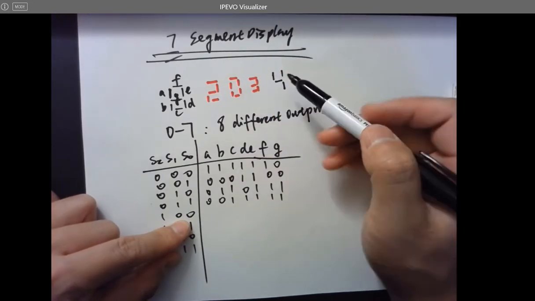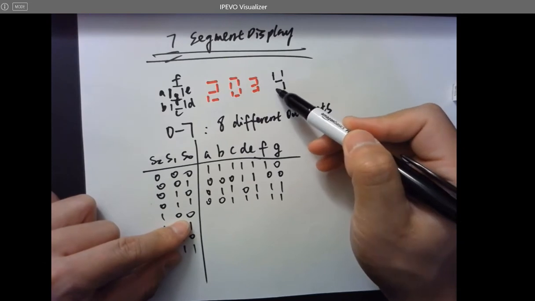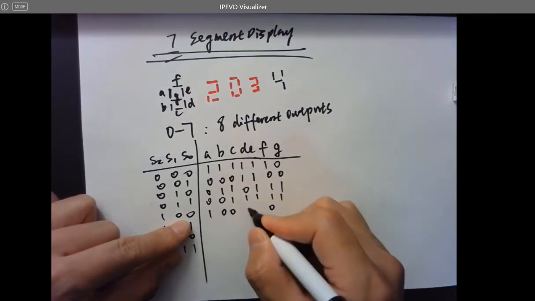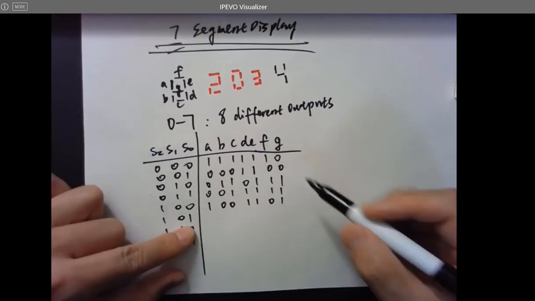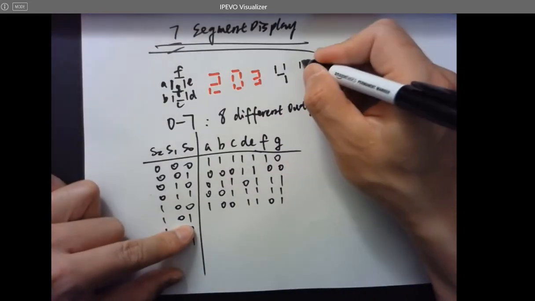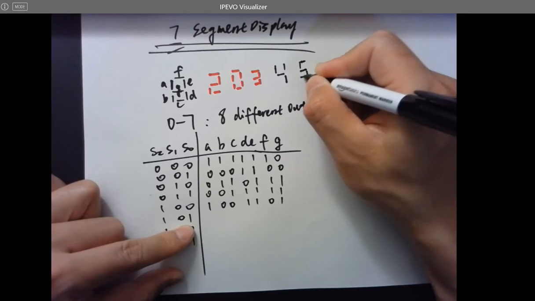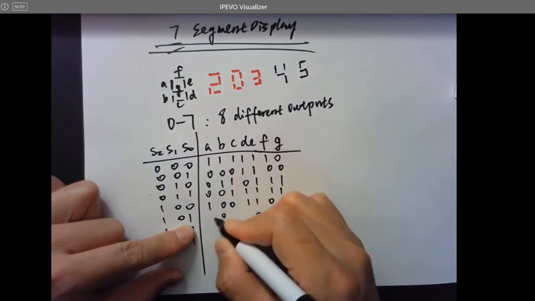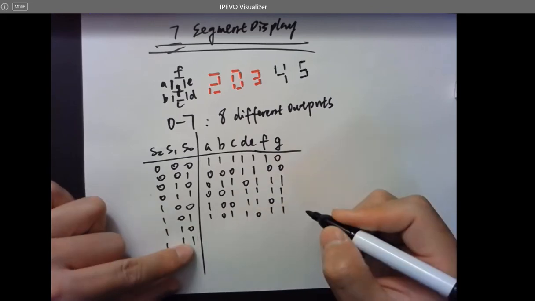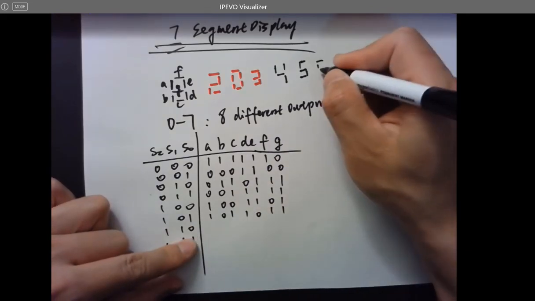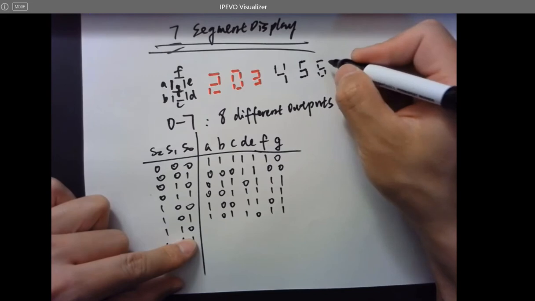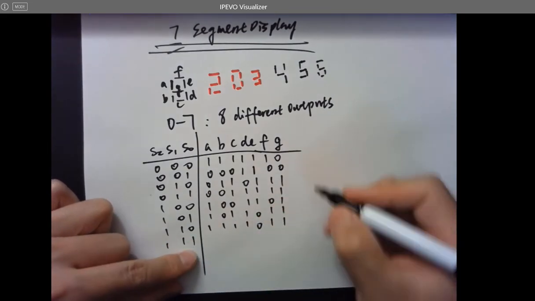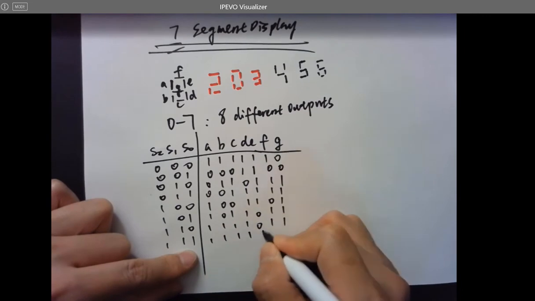F and BC are off. For 5, E and B are off. All the rest are on. For 6, only E is off. For 8, all of them are on.